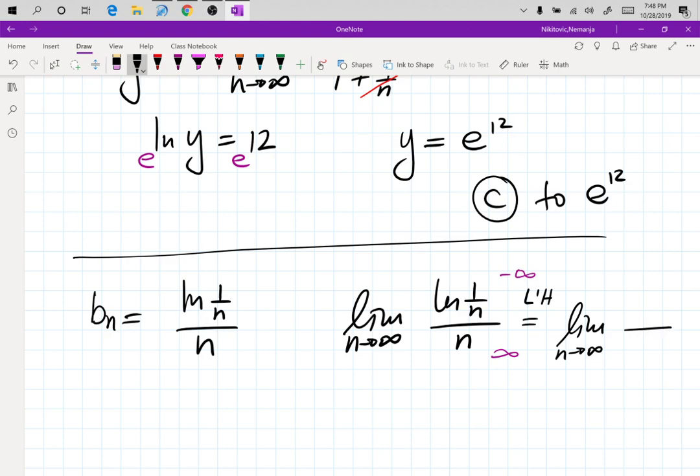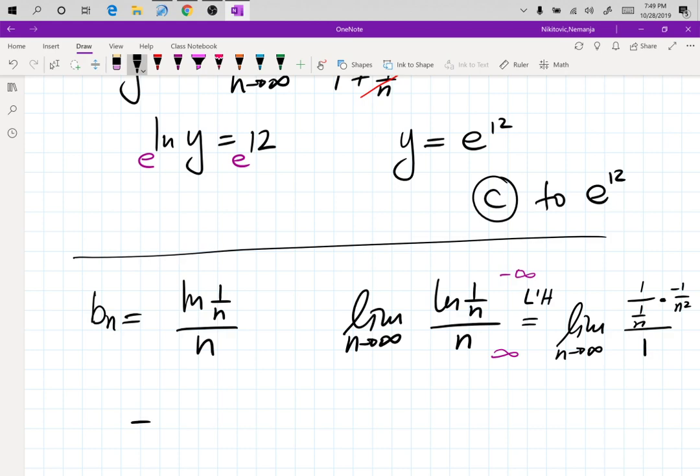The denominator derivative of n is just 1, and in the numerator the derivative of ln is 1 over n times the derivative of this one, which is negative 1 over n squared.